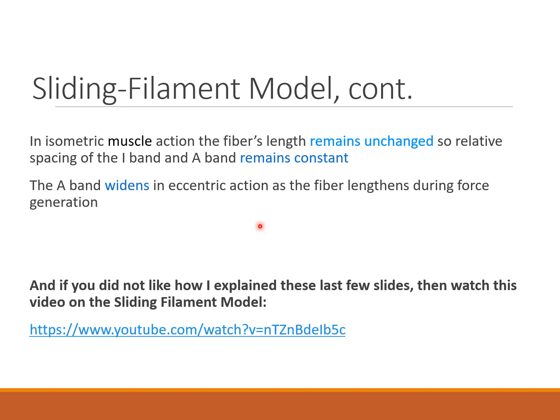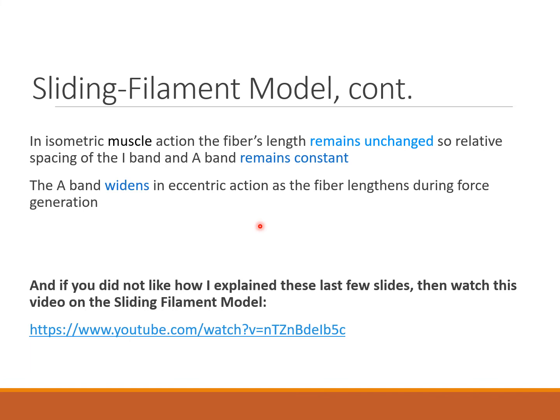In an isometric muscle contraction, the fiber's length remains unchanged, so relative spacing of the I band and A band remains constant. So an isometric contraction, as I'm sure you know by now, is when the muscle actually doesn't change length. A great example of this is when you're carrying a box. Your biceps are working, you're having to contract, but the muscle is actually not shortening.